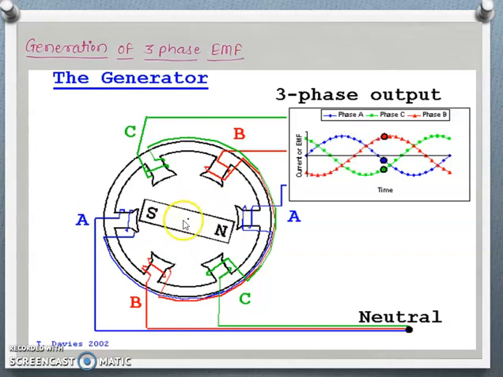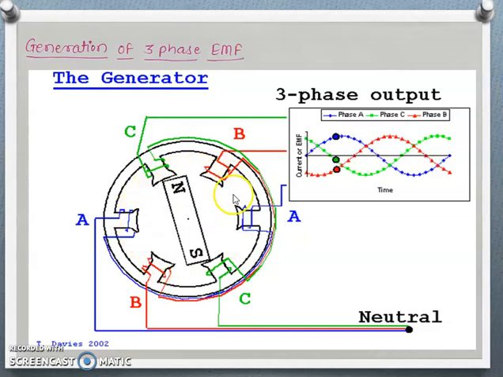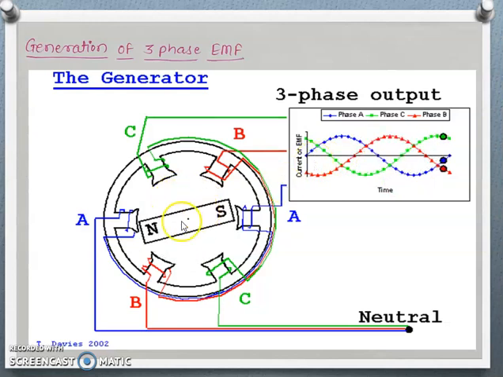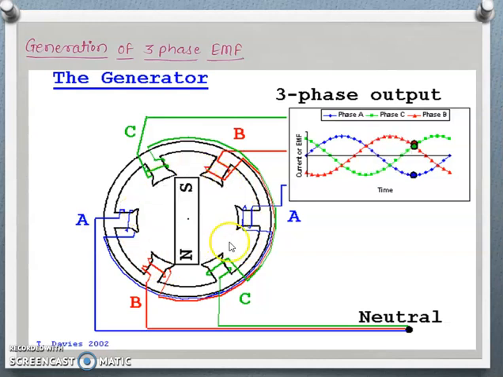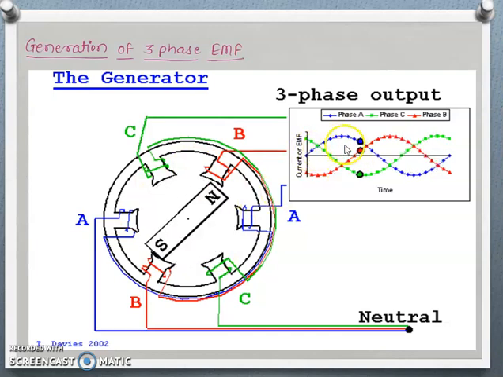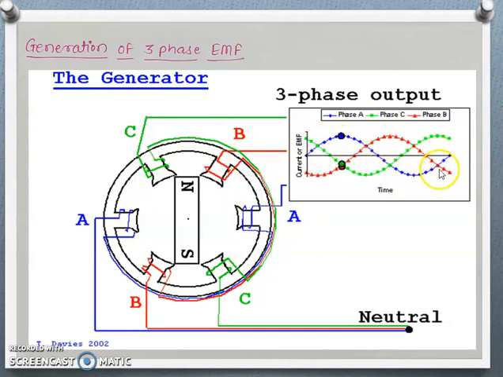Now see, when the magnet rotates, EMF will be induced in each coil, but at different instants. When the magnet revolves, we get the EMF in all of these 3 coils, but the magnitudes of which are different. Okay, and this is indicated by this waveform.